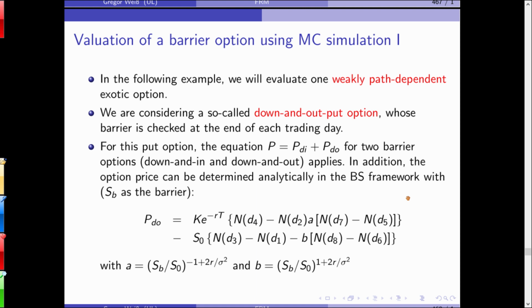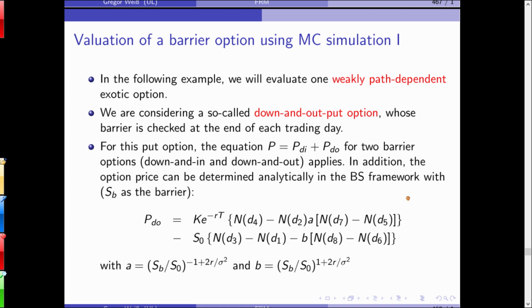Knock-in options are those options that only become active after the underlying price has crossed a barrier, and knock-out products are the opposite. It's a plain vanilla option that is active and can be exercised only until the underlying price crosses a certain barrier. Then it's knocked out and it's invalid. We'll now look at a down and out put option.